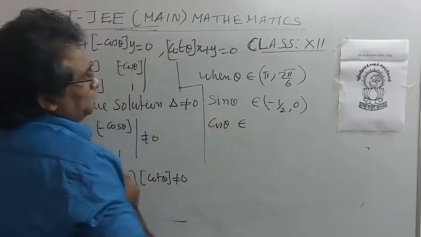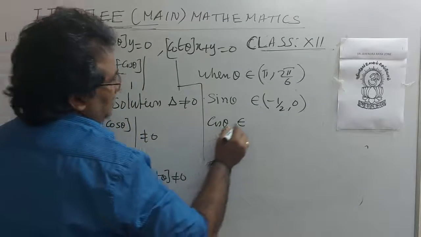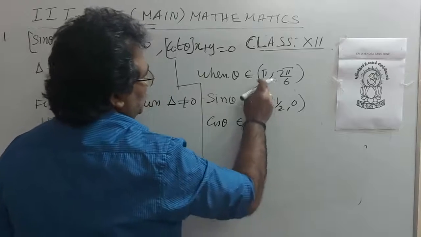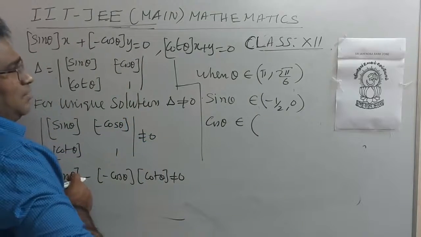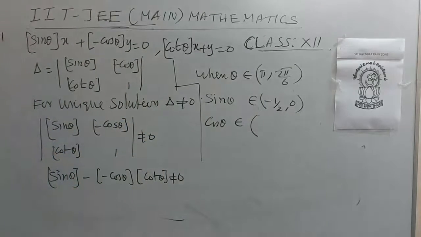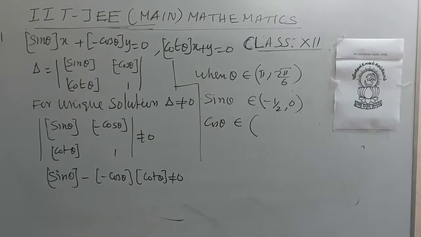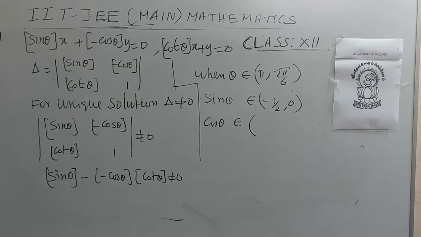Cos theta lies from cos 180, minus 1, to cos 210, minus root 3 by 2.